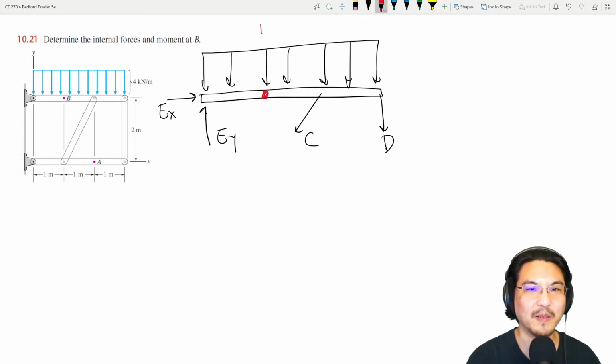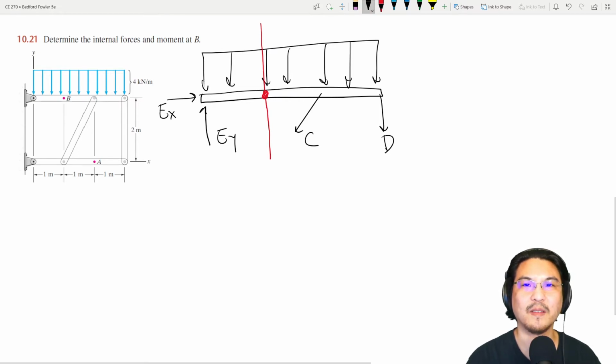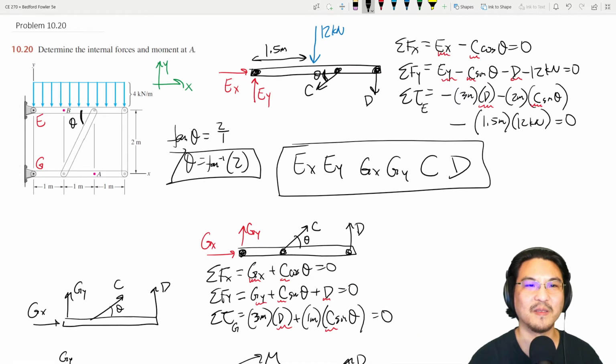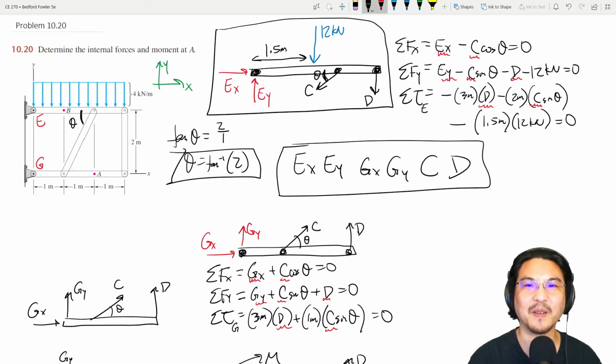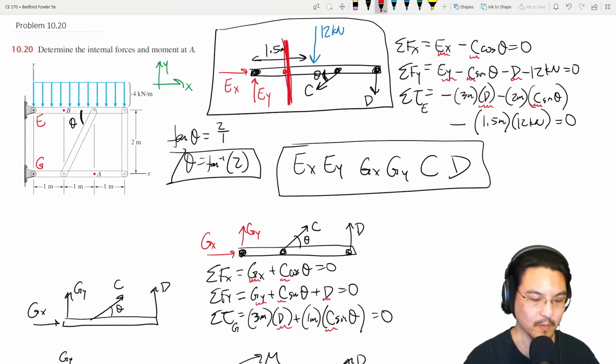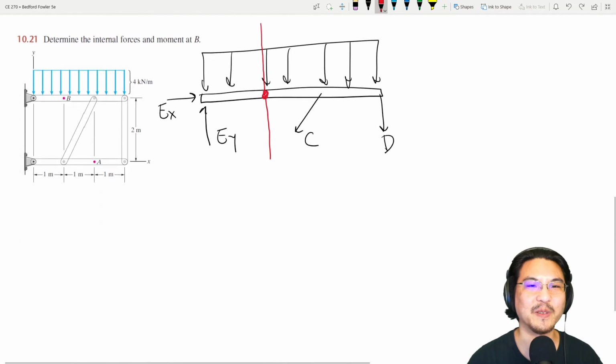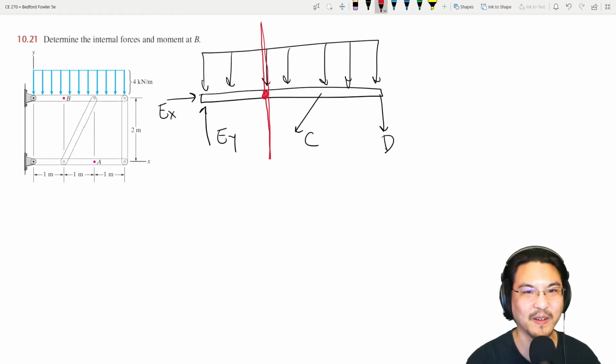So we want to cut the section like this. And again, what we don't want to do is take this representation of it and then cut the section through here. That is not okay. Okay, so the original representation with the distributed load, and then we cut it right here.